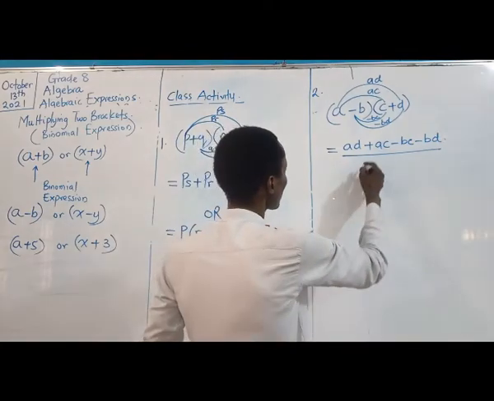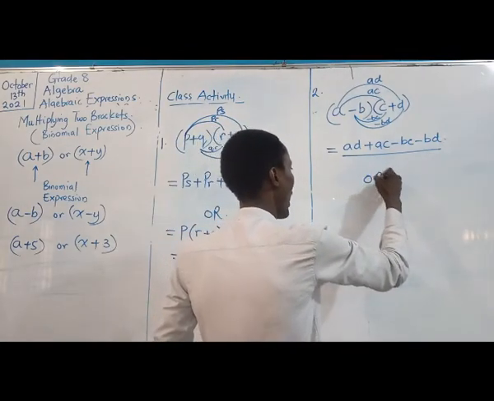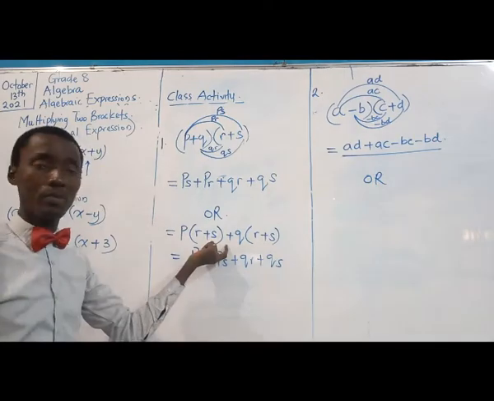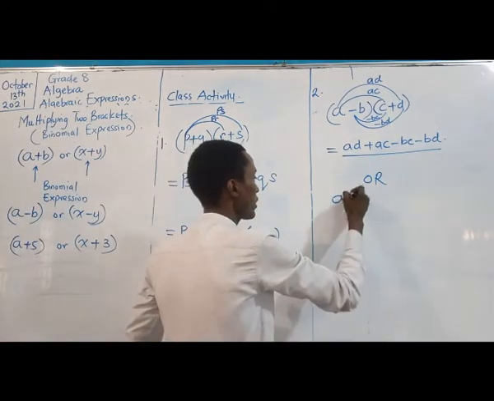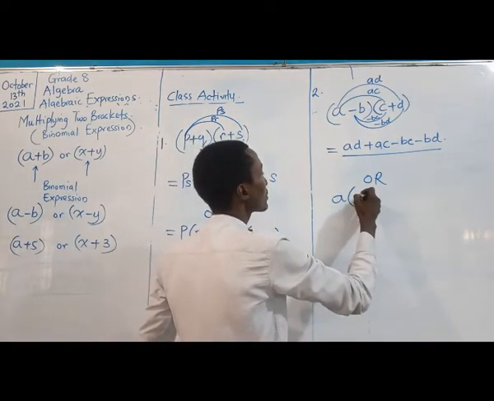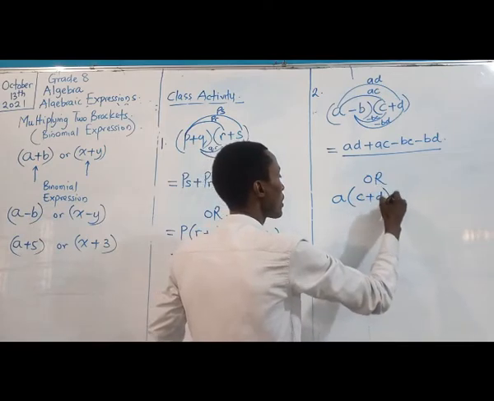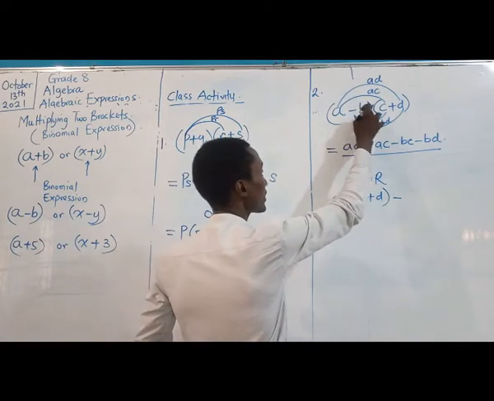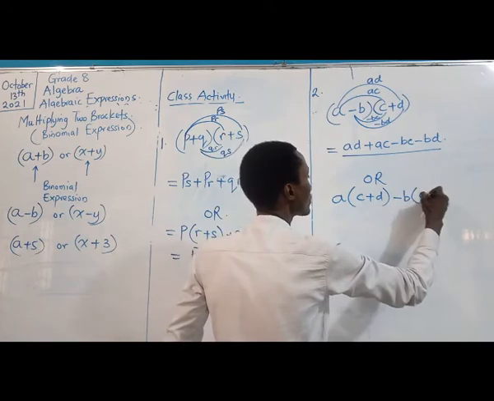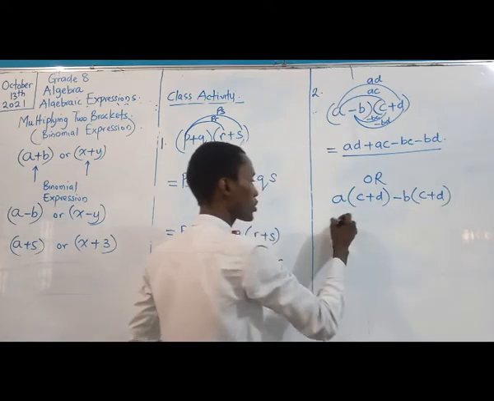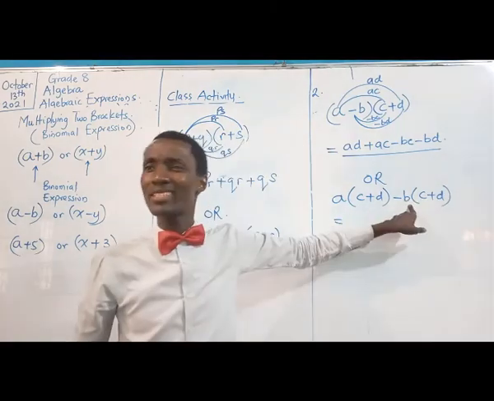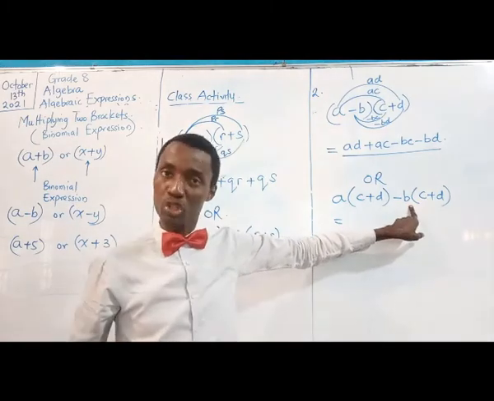Now, we can use our regular MAMU method, as A into what? C plus D, minus B, or negative B, into what? C plus D. And then you open it up. Remember, whenever you see negative, you must exercise a bit of caution.